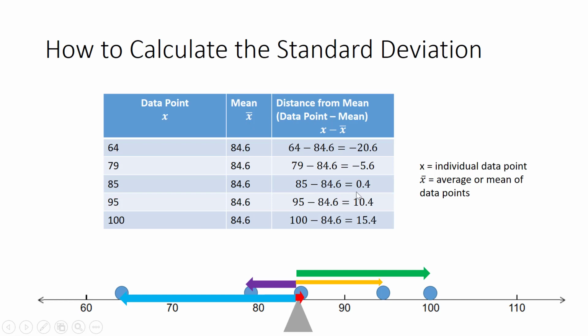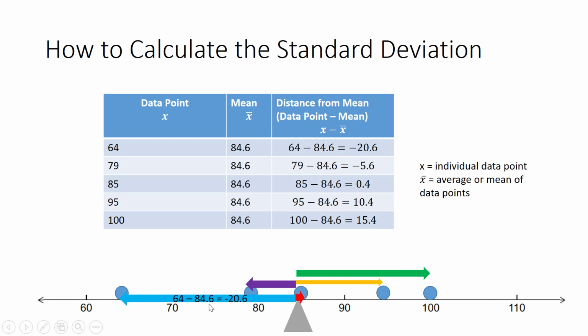Our third column in this table so far is the data point minus the mean. Remember, standard deviation is the average distance from each data point to the mean. So before we can average these data points, we first have to find how far each data point is from the center of the data.